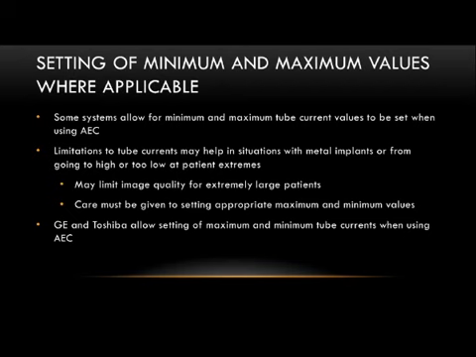Again, at our institution, we were changing some image quality reference parameters on the GE system to see if we could bring our abdomen doses down and still have good diagnostic quality. And so we increased the noise index, and we also brought the minimum tube current down. And our radiologists actually found that for the large patients, with the increased noise index and the lower dose, the image quality was great.